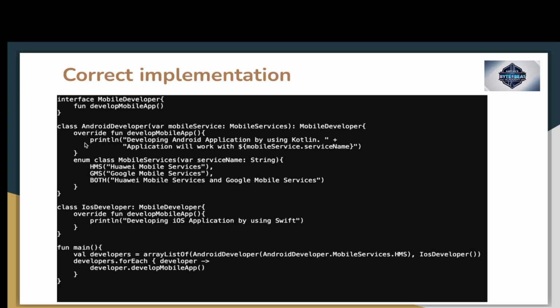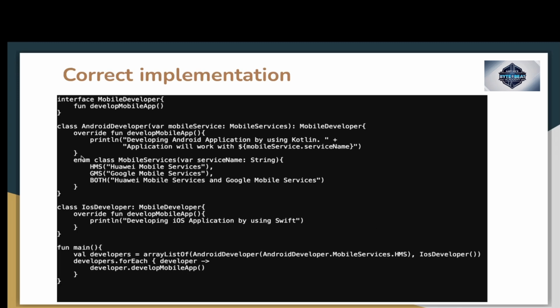So what we have done now: there is an interface here, mobile developer, and this Android developer class is implementing this mobile developer interface. We have the iOS developer class, and this is also implementing the mobile developer interface. And now we have created an array list of those developer classes, and we have provided the two classes, Android developer and iOS developer.